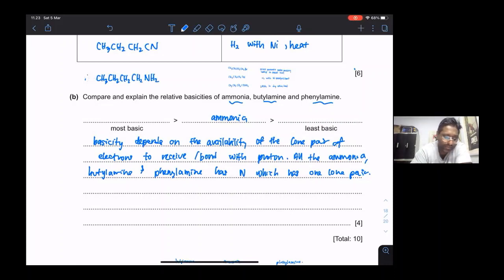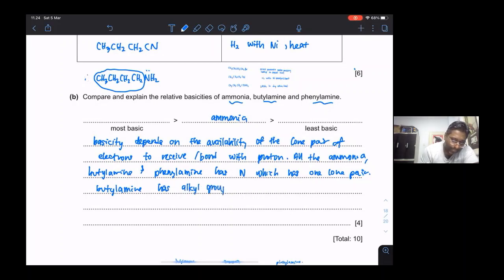So butylamine contains the R group. This is going to be the R group. The R group is going to be an electron donating group, or you can say it has a positive inductive effect. So you can say that butylamine has alkyl groups which have positive inductive effect.